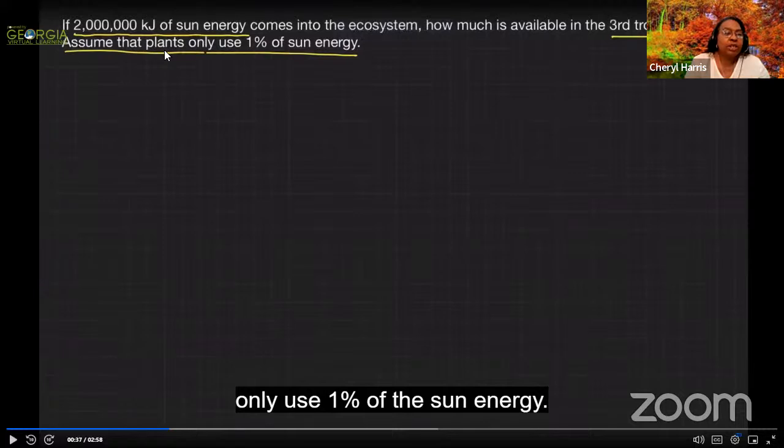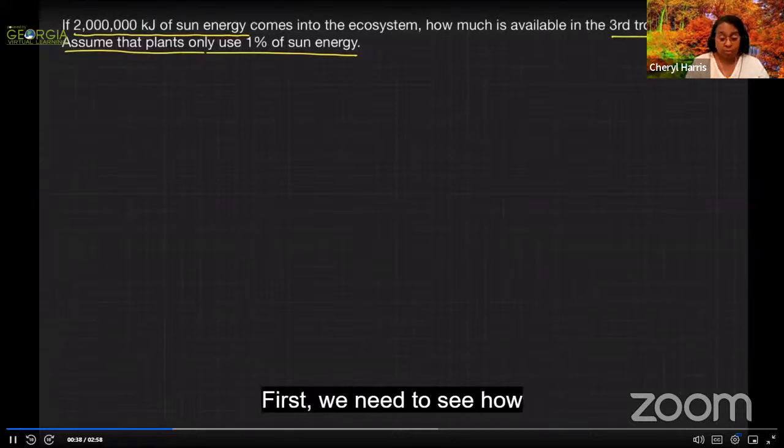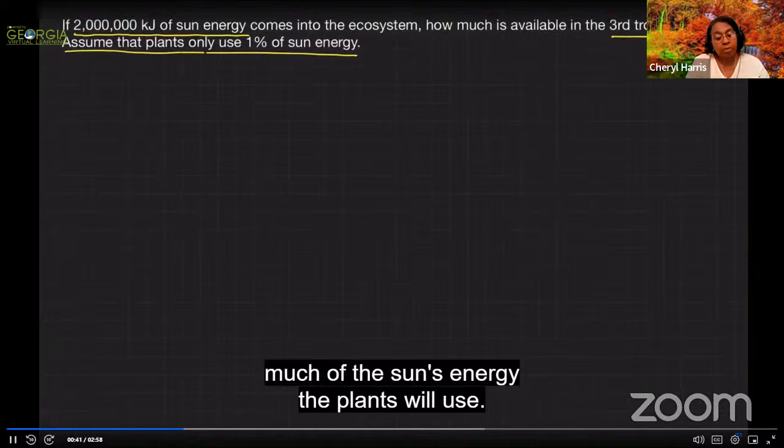And then she's saying, assume that the plant only used 1% of the energy that it got from that 2,000. I mean, 2 million. So first we need to see how much of the sun plants will use.